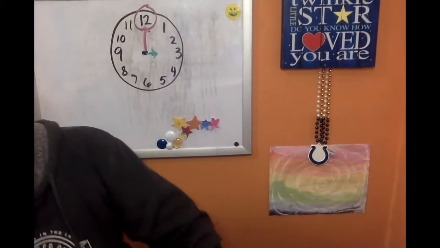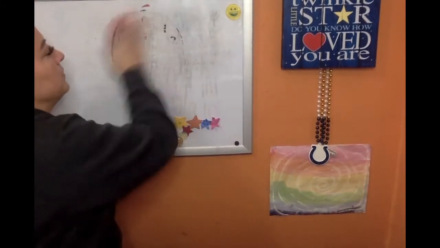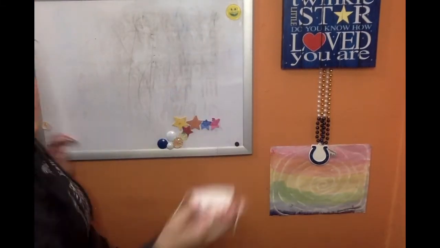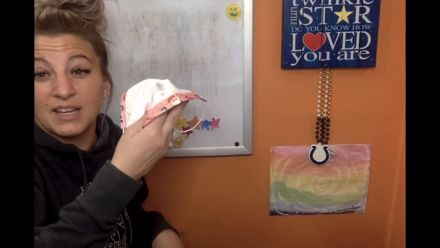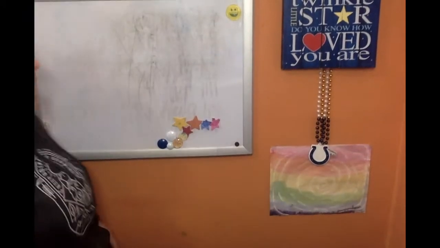Good job. Oh no, we're going to do some subtraction, and I'm going to do it up here on our board. All right, your kindergartners are going to think I'm pretty crazy, because on Friday I used a face mask as an oven mitt, and now I'm using it as an eraser. Miss Dalton, you have lost your mind.